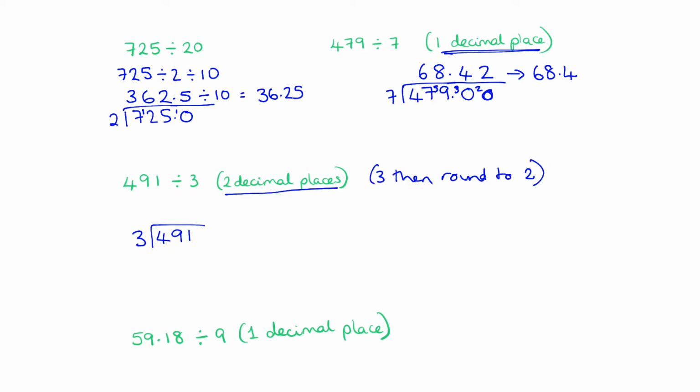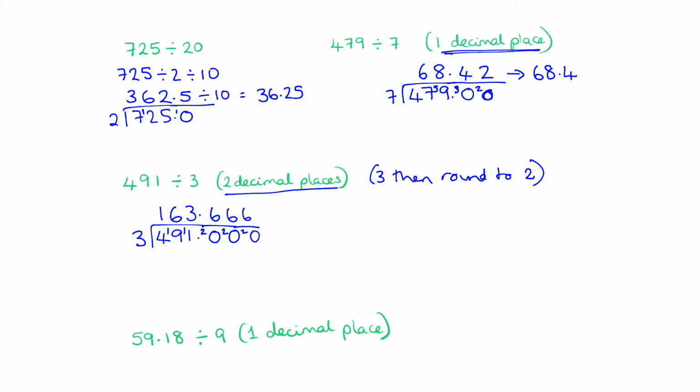Okay, so 3 into 4 goes once, remainder 1. 3 into 19 goes 6, 6 3s are 18, so carry 1. 3 into 11 goes 3 times, 3 3s are 9, so you've got 2 left over, so you put a 0.0, you keep your points in line. 3 into 20, well 3 6s are 18, so it's 6 with 2 left over, and again you can put as many zeros as you like. 3 into 20 goes 6 times, with 2 left over, and you can see what's happening here. It's just going to keep going with 6s.